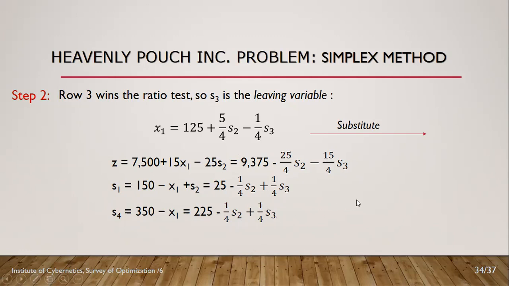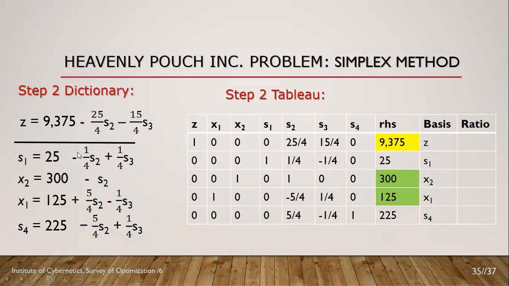Now let's see our final dictionary and final tableau. Why final? Because if we look at the objective function, we see that all the coefficients are negative, meaning that there is no potential to increase the value of the objective function.